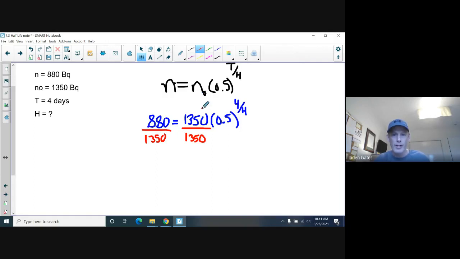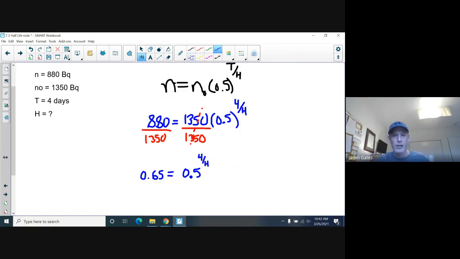These are dividing each other out. Now I get 880 divided by 1350. I'm getting 0.65. That's going to equal my 0.5 over here, but to the power of 4 divided by H.